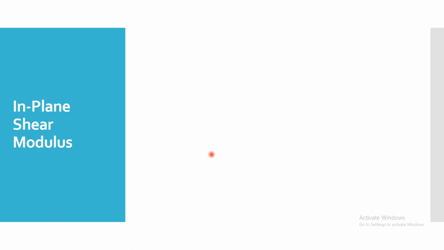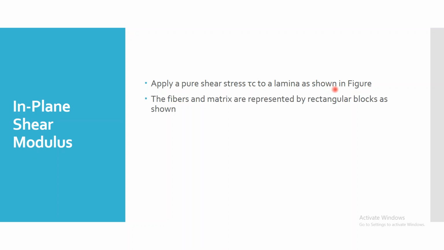So when you look into the previous constants from your mechanics of materials, we have Young's modulus, then Poisson's ratio, then shear modulus or modulus of rigidity, that is the quantity G. So now I should calculate the quantity G for the composites. In order to do that, let us apply the shear stress tau to a lamina as shown in the figure.